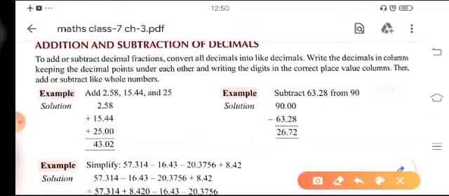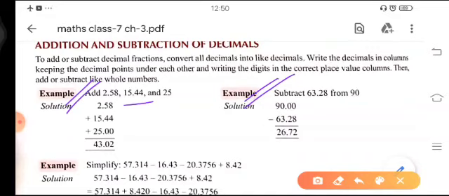Now the next topic is addition and subtraction of decimals. That is a very simple topic. The rules are the same as for addition and subtraction of whole numbers and natural numbers. The only difference is that we write the decimal numbers in column form, and place the decimal point in the correct place and the correct value columns, like 2.58 and next 15.44.